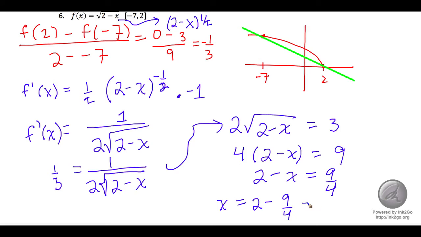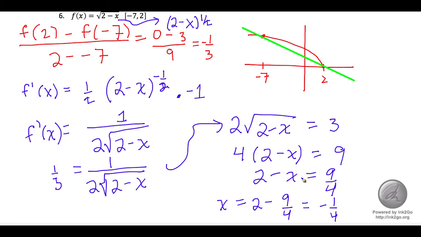So that's 8 over 4 minus 9 over 4, negative 1/4. And so there you have it.